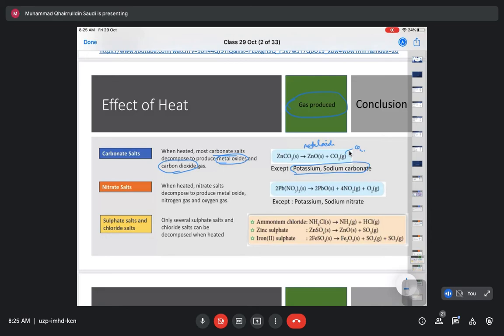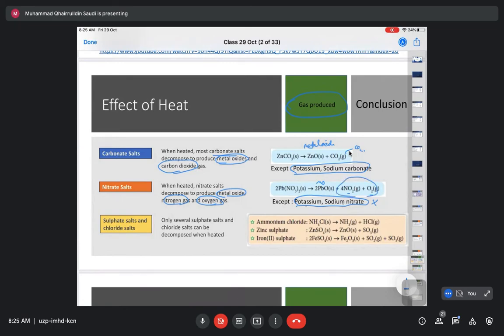Nitrate salt, bila kita panaskan nitrate salt, dia akan jadi metal oxide, nitrogen dioxide gas dengan oxygen gas. Kecuali potassium dengan sodium nitrate. Potassium dengan sodium nitrate, dia bukan tak decompose, tapi dia decompose jadi metal nitrite dengan oxygen gas saja. So ini lain. Potassium sodium nitrate tak produce yang ni.